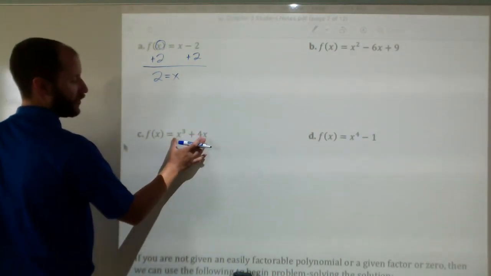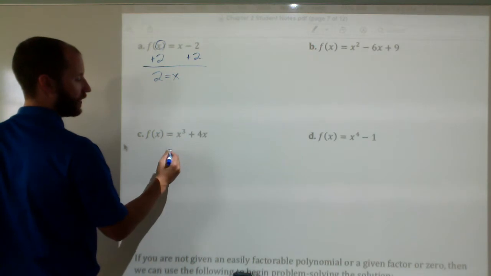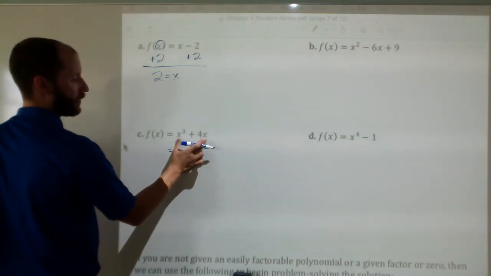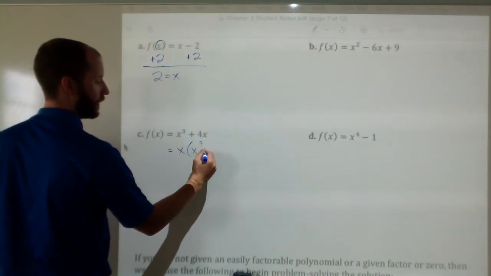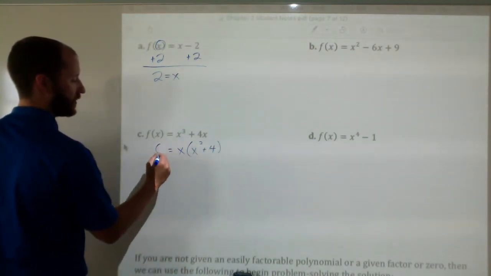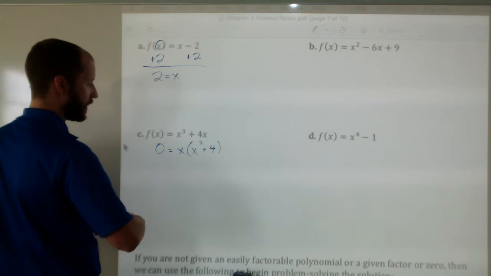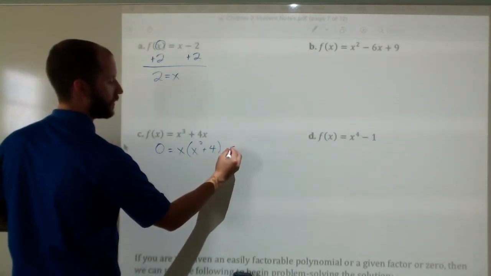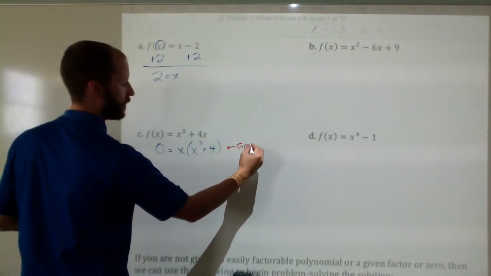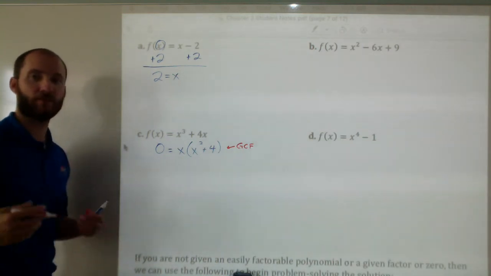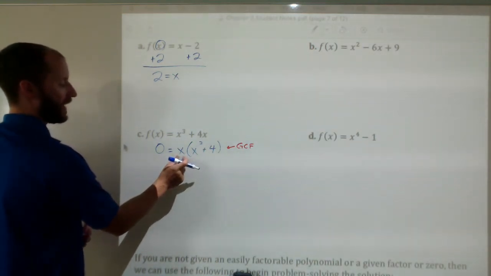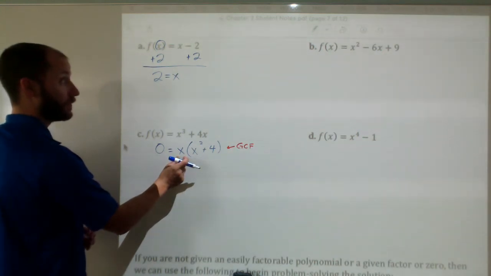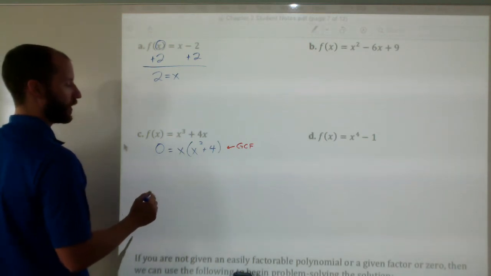Down here, x cubed plus 4x. If we look here, we have a greatest common factor of x. That leaves us with x squared plus 4, set that equal to 0. So we used a greatest common factor, pulled an x out of both terms. And now we have x times x squared plus 4.